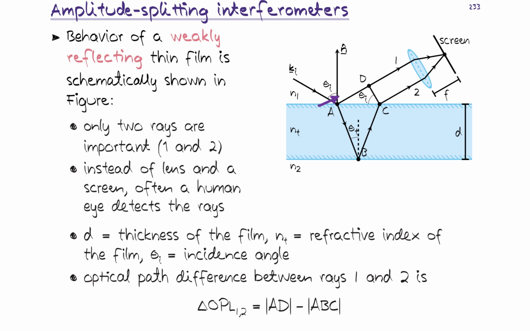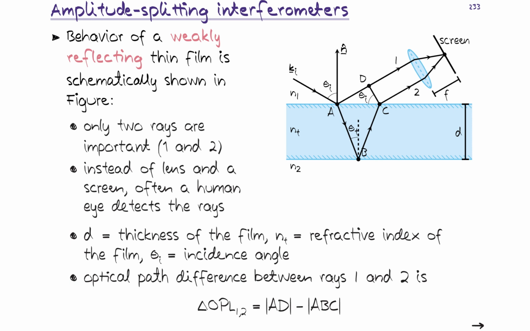So where the phase difference takes place is that we have ray 1 propagating from point A to point D, and then we have ray 2 propagating from A to B, reflecting here and then into C. So this is where we have the path length difference emerging into the scenario.